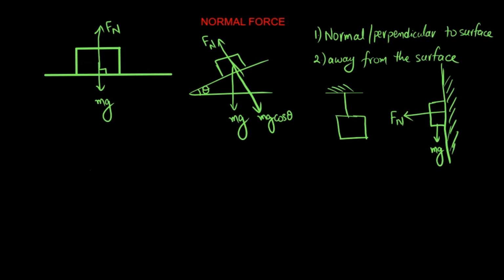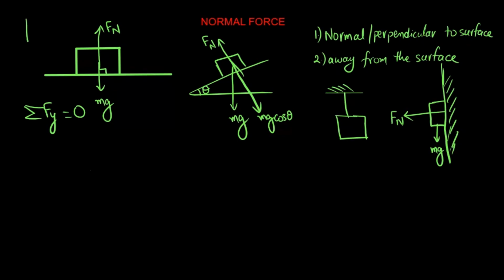Let's come back to the first situation. Here we have Fn and mg. When we write the free body diagram or the force equation, this is the free body diagram done already. The force equation, sum of all the forces in y would be 0 because the box is in equilibrium.